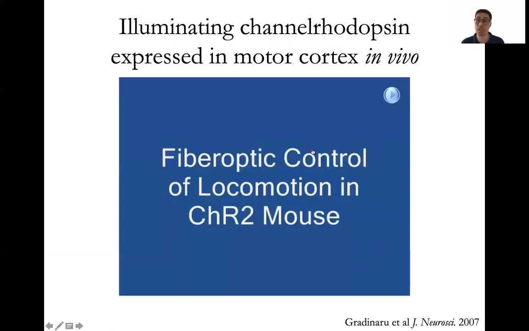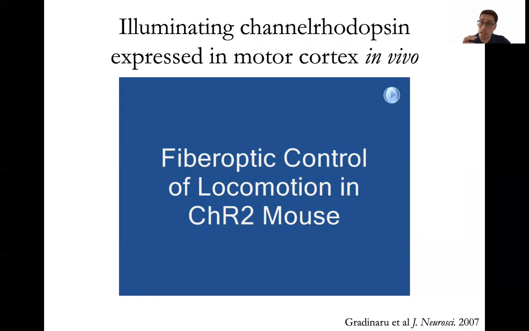To show an example of that, I'll show you one of the very first videos that really generated a lot of excitement in neuroscience in general, showing fiber optic optogenetic control of locomotion in a mouse expressing channelrhodopsin. What you're going to see in this video is channelrhodopsin, which has been expressed in motor cortex of an animal. I believe it's on the right side, although we'll see when the video comes up.